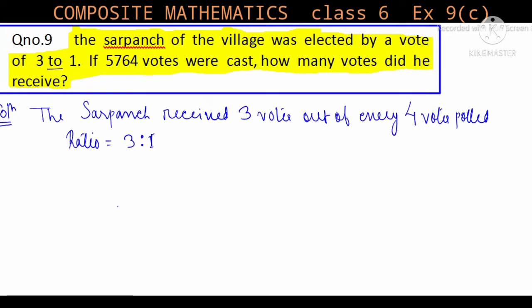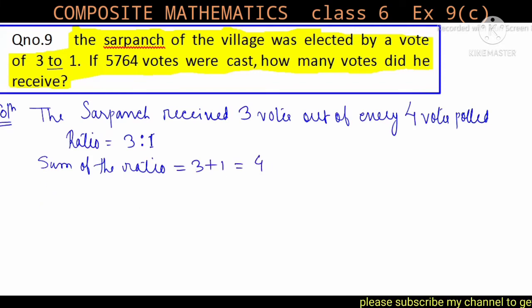Okay. Now we will first find the sum of the ratio. So the sum of the ratio is equal to 3 plus 1, which is equal to 4.